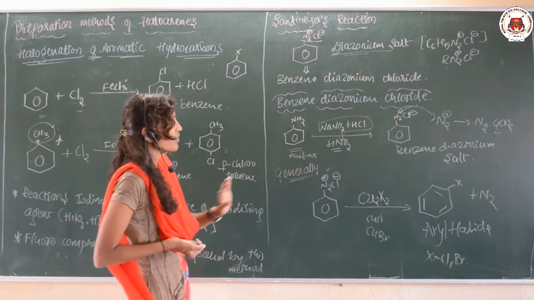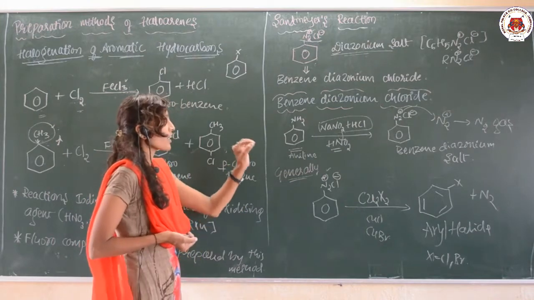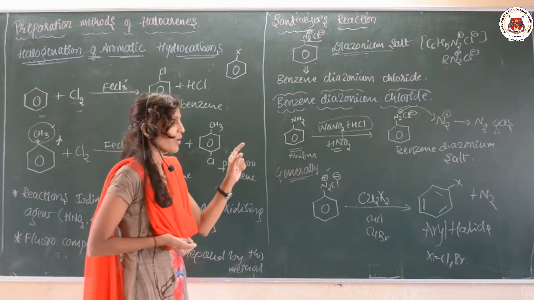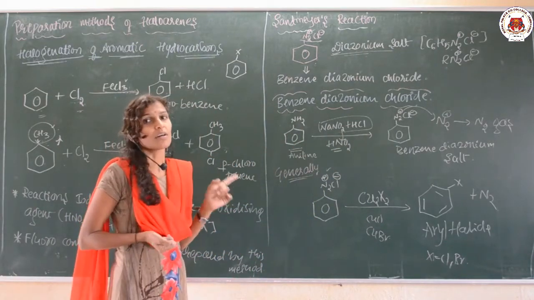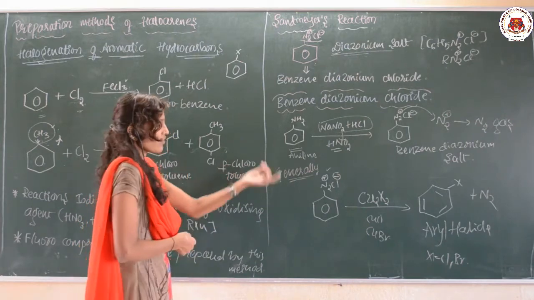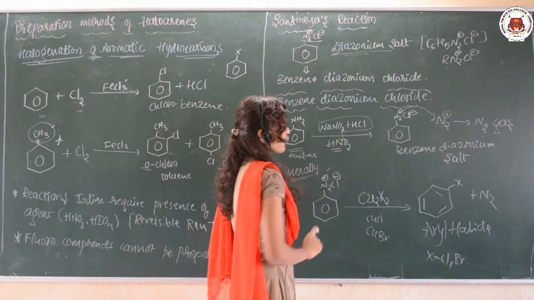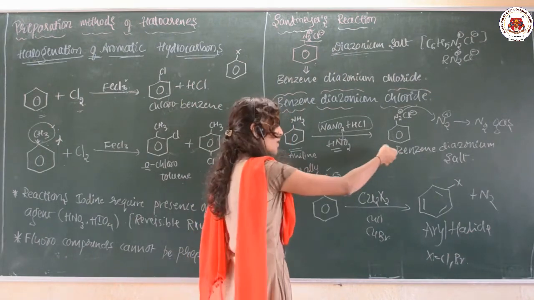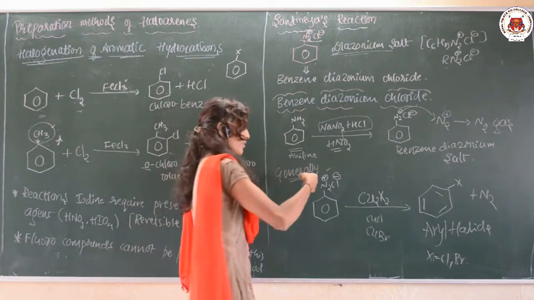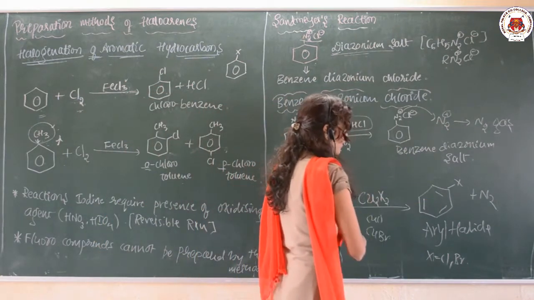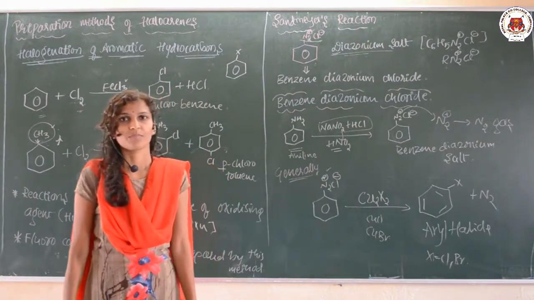In the Sandmeyer's reaction, we are using benzene diazonium chloride, and keep in mind this preparation method is useful, as it will be repeated in the amines topic. So I am telling here how benzene diazonium salt is prepared, and by using that salt, how we can further prepare the haloarene. Clear? So this is how we can explain the two methods.